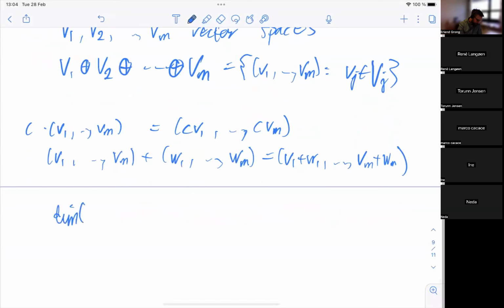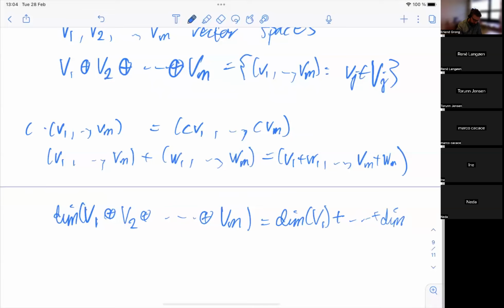And the dimension of the space will then just be the sum of the dimensions of the individual spaces. So if you think of the way you would make Rn from just R by putting different real coordinates together, this is the same, but for general vector spaces.